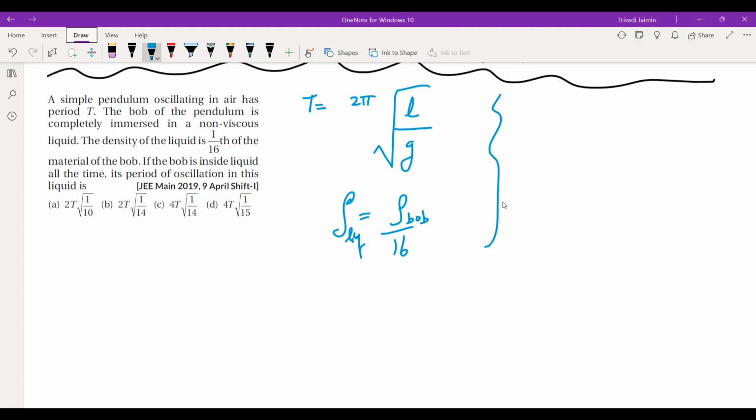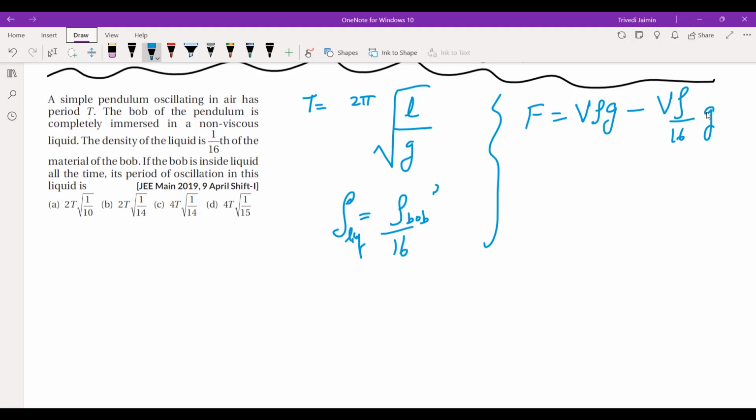So let's calculate the force here. Net force: V rho g minus V (rho by 16) g.